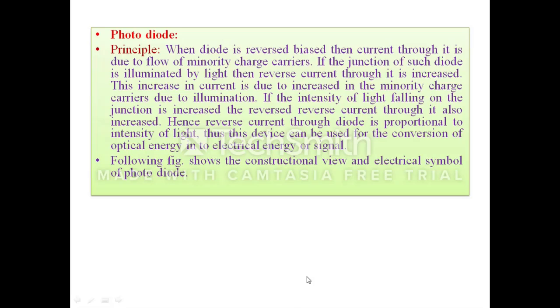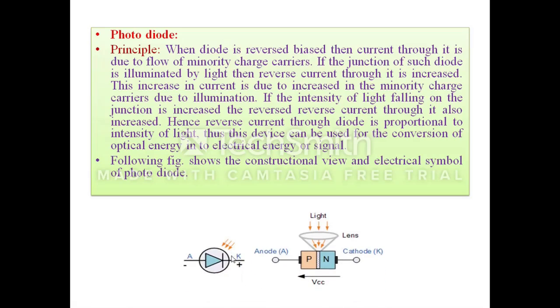The following figure shows the electrical symbol of the photodiode, and this figure shows the schematic view of the construction of the diode. So when light falls on the junction, what happens? Minority charge carriers in this depletion region increase, and this increases the reverse current of the photodiode.